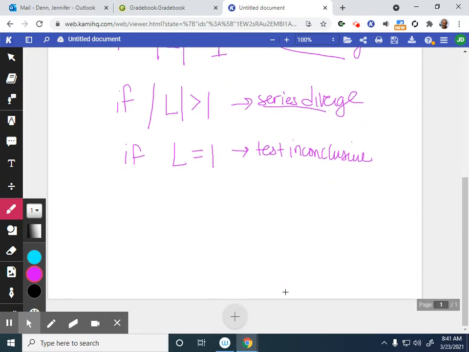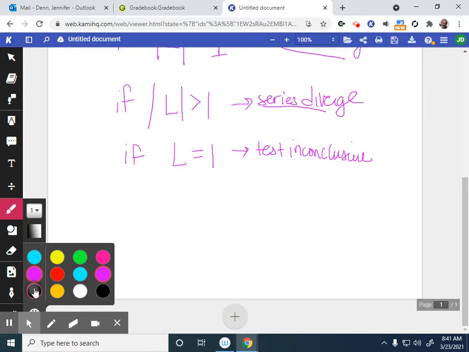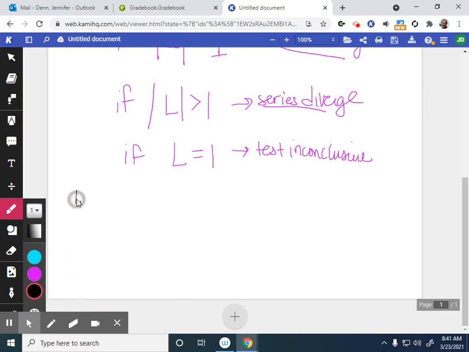So let's take an example. Oh shoot, I don't have a ton of space here. Whatever. Okay, so let's say this example. Does the series e to the -n converge or diverge?